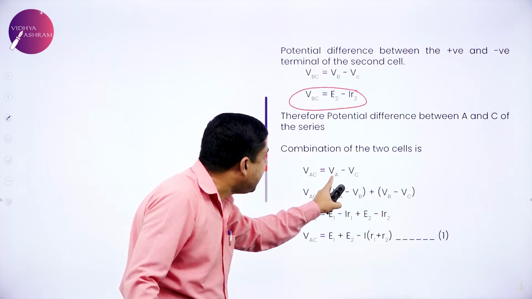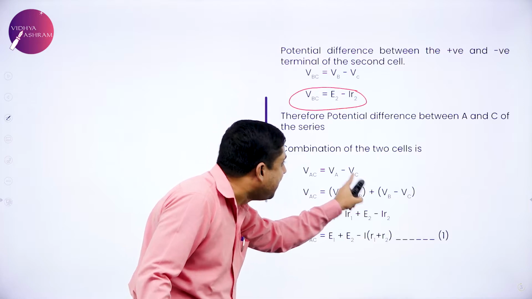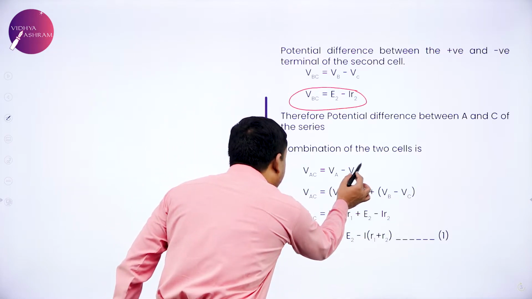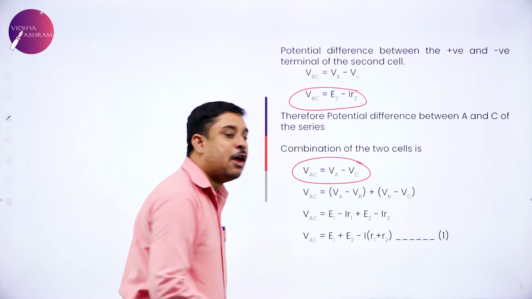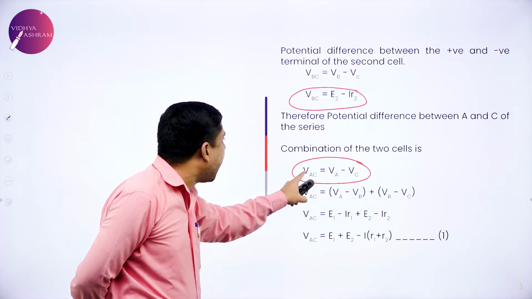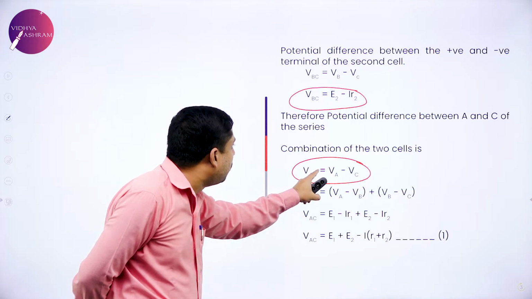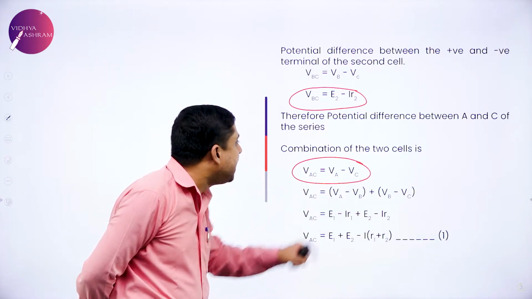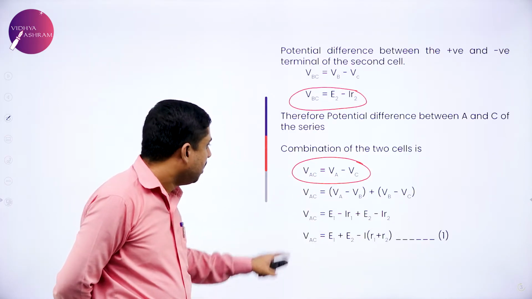VAC is VA minus VC. So this is the potential difference for the equivalent circuit. VAC is equal to VA minus VC.